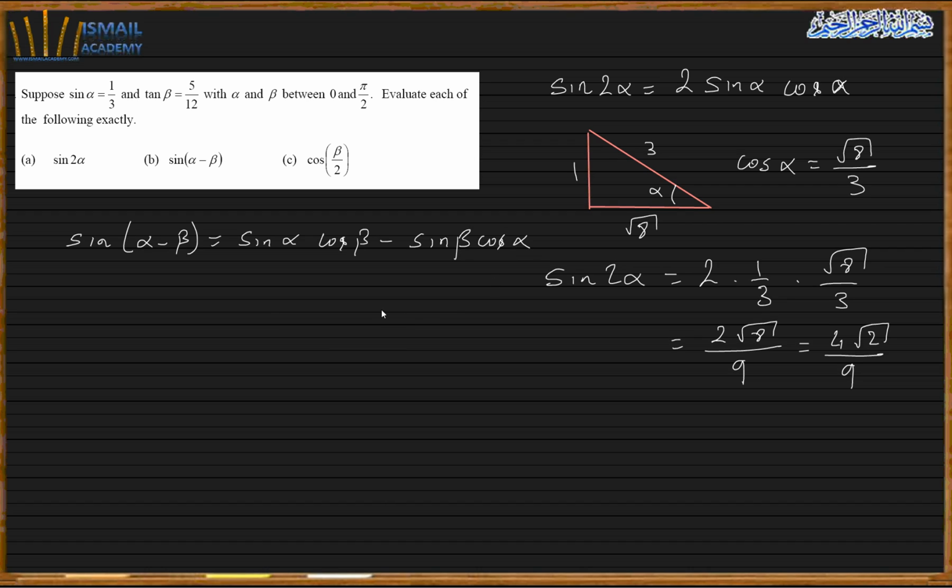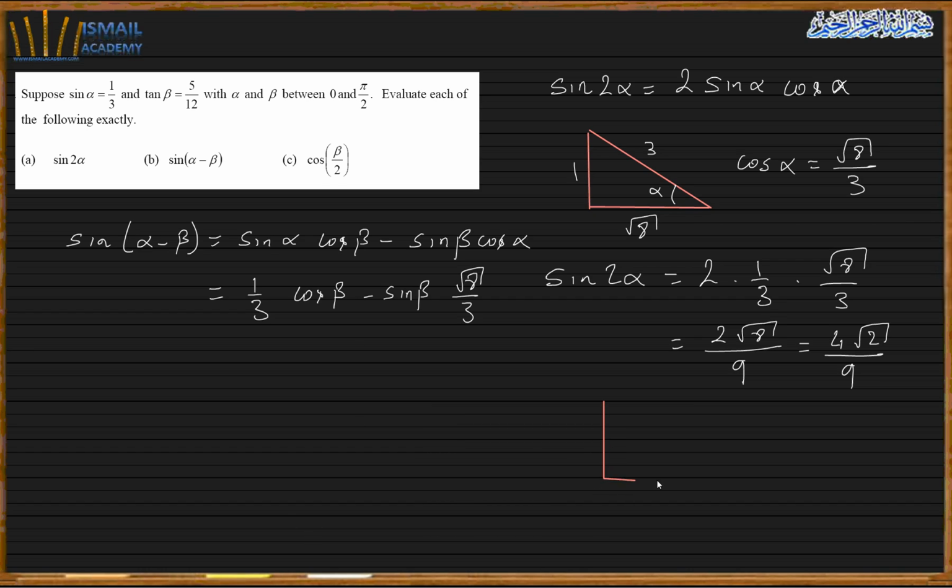I have tangent of beta. I already have cosine of alpha, so it's 1/3 cosine of beta minus sine of beta, and cosine of alpha is square root of 8 over 3. What's missing is the sine and cosine of beta.